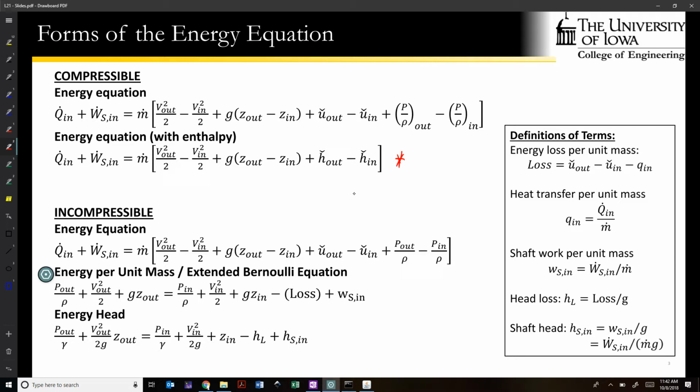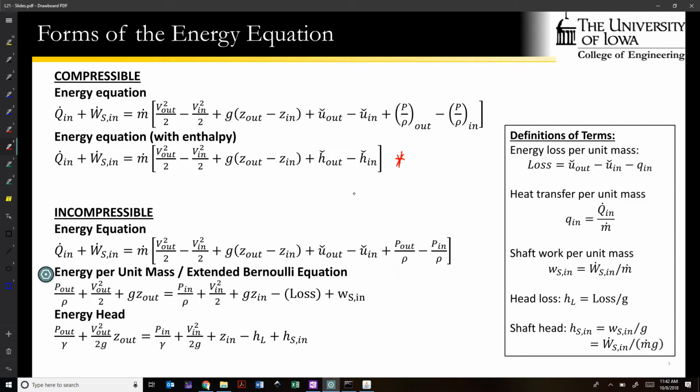If P, v squared, and the elevation all are basically forms of energy per unit mass, that loss represents dissipation of that energy to heat, to thermal energy. So it accounts for the change in that up at the top on the right there. Loss is the change in internal energy caused by a rise in temperature, minus the amount of heat transfer that's been added to the system.